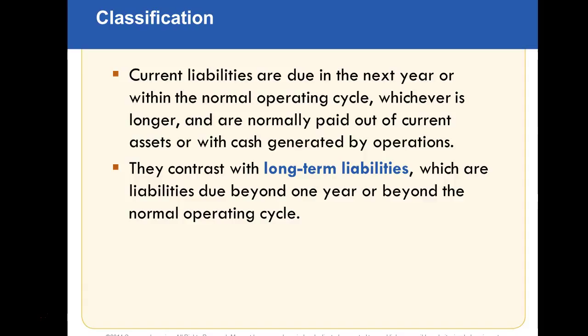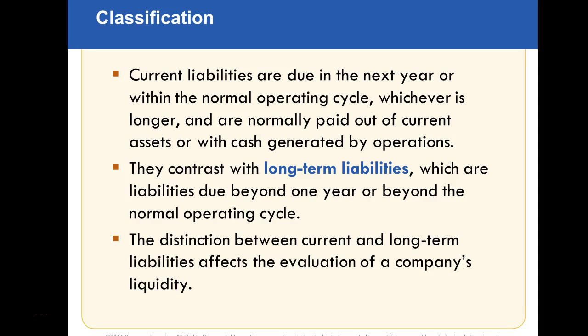They're going to pay a portion of it off, but it's going to last 15 operating cycles. So they've got a long time to pay off that debt. Whereas when we're dealing with current liabilities, we've got to use the money we have on hand to pay off that liability.